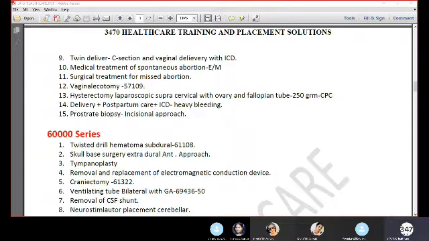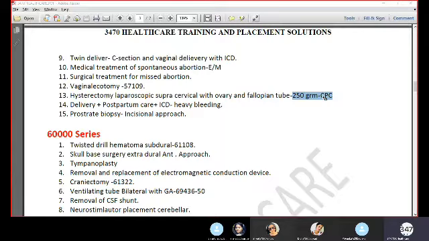Yes, for laparoscopic you can look at how many grams the uterus is, 250 gram. It is 58542.